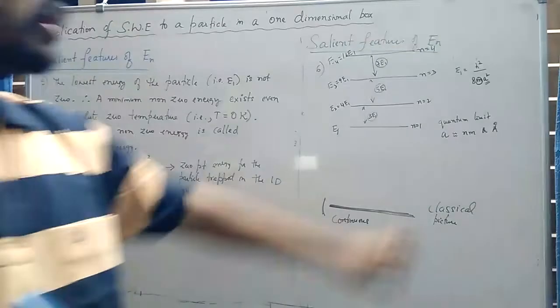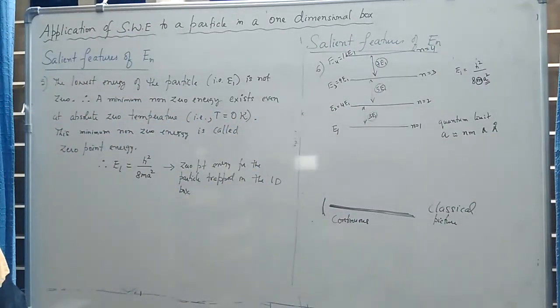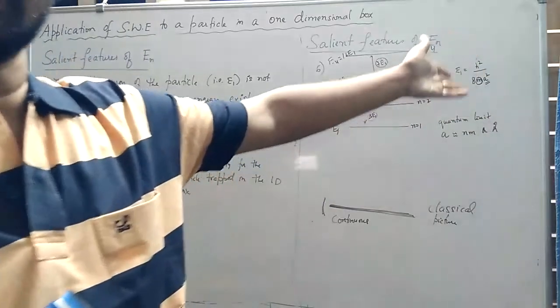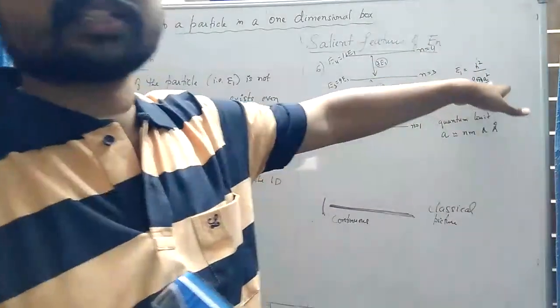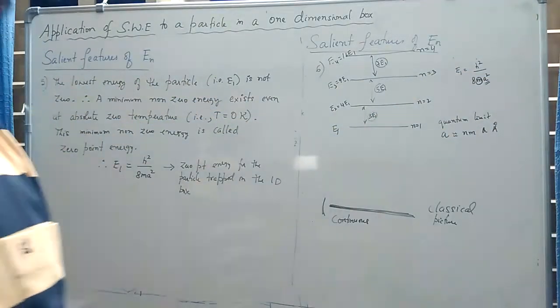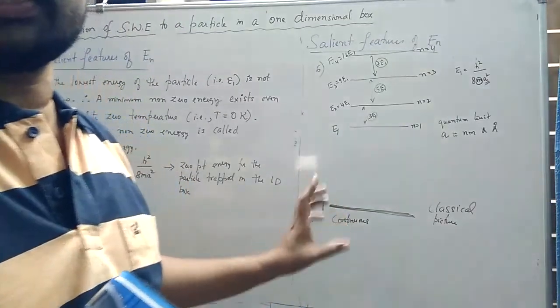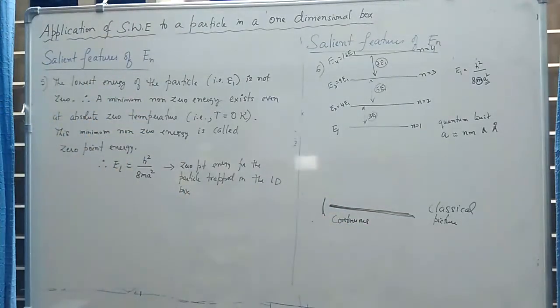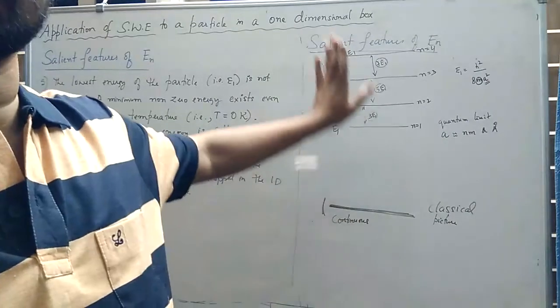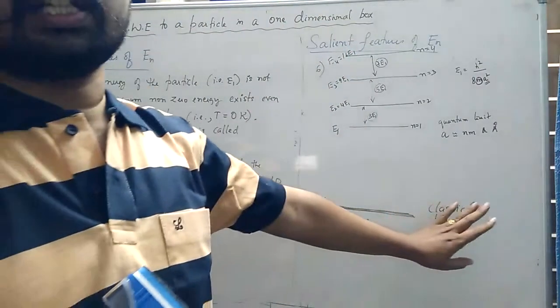But if this M and A are of the order corresponding to macroscopic systems, if M is in grams or kilograms, or if A is of the order of 1 centimeter or meter, in such case the energy becomes very very small, so the spacing between energy levels becomes insignificant, so we see a continuous energy condition, which is nothing but a classical approach.